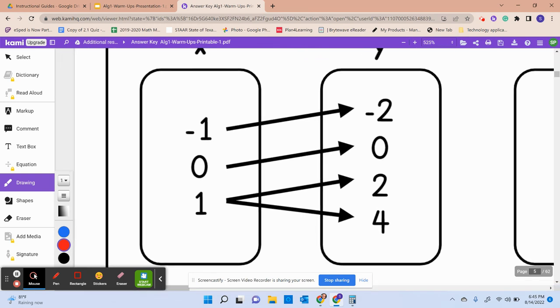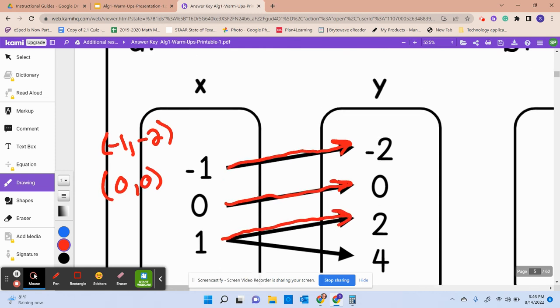So when you begin to look at this mapping, if I were going to write a coordinate point, this means coordinate point -1, -2. This means coordinate point 0, 0. This, on the other hand, means 1, 2, and it means 1, 4.